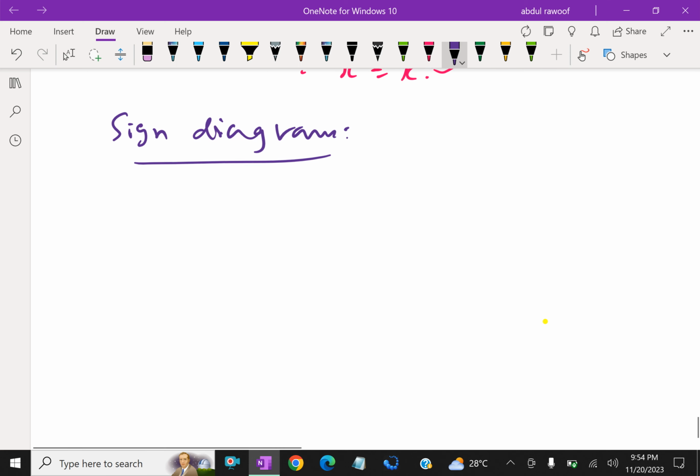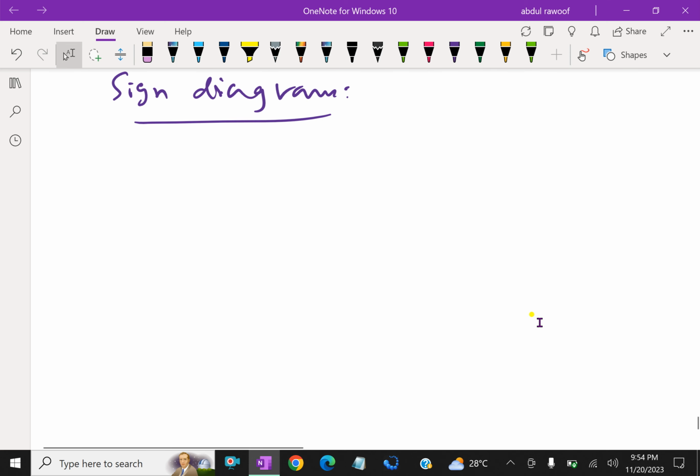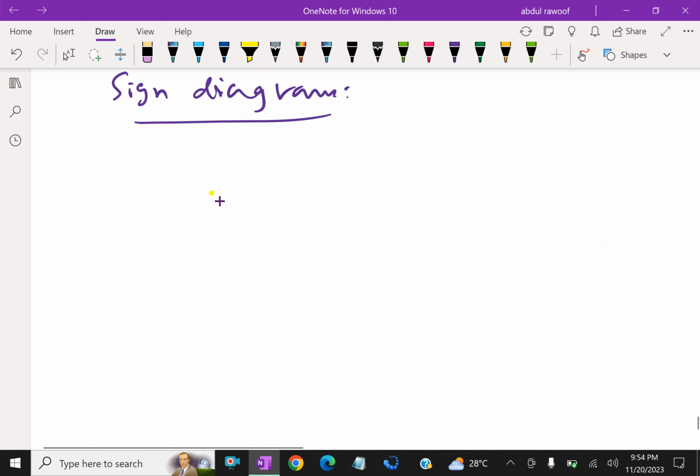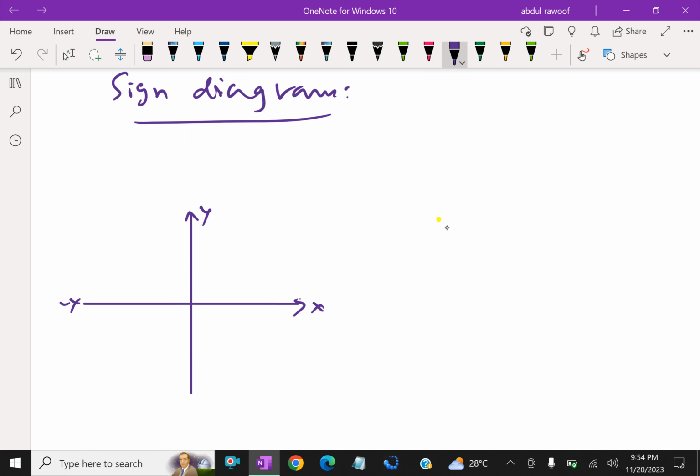Suppose, look at some figures. Here we have the x-axis and y-axis.